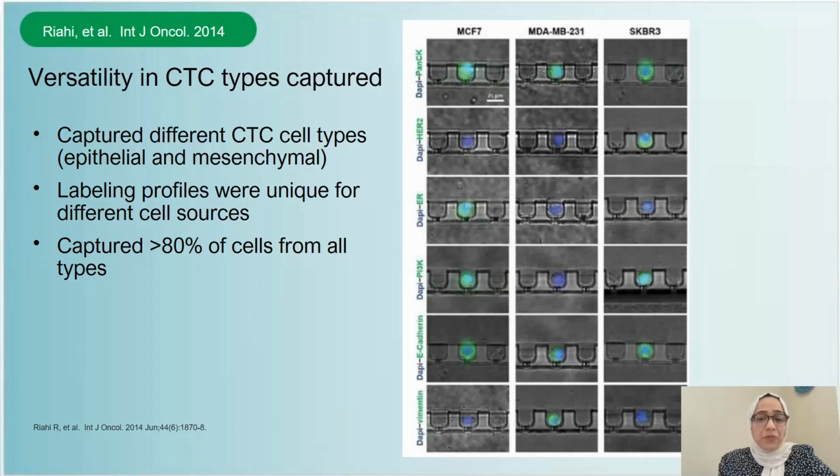As you can see here, because Genesis is a size-based separation platform, we won't miss different CTC populations. We're capturing both epithelial as well as mesenchymal CTCs.